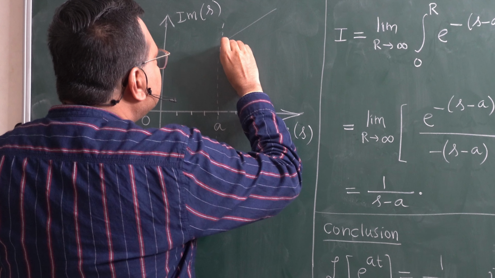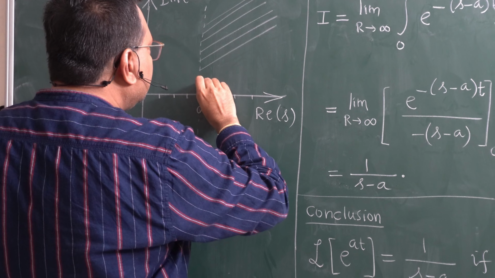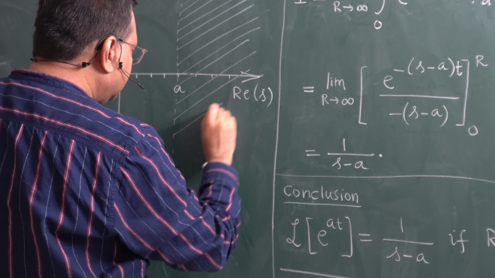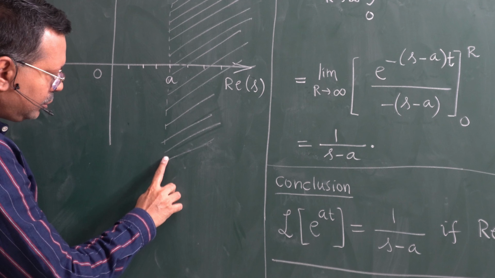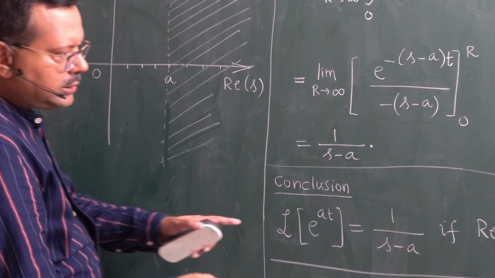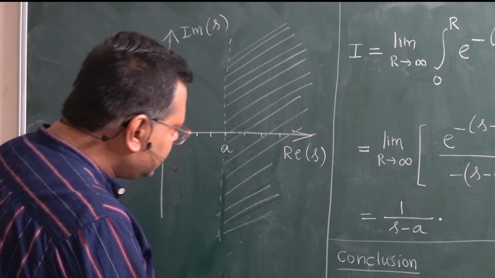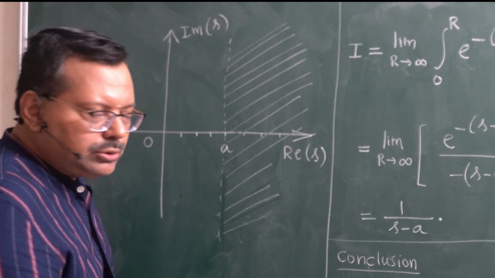So now we can put the shaded region: everything on the right side of the line through a. And as usual, you should not touch this line here. I am just erasing, because this is greater than a, it is not greater than or equal to a. Equal to is not there. So the shading should not touch this vertical line. You have to be careful.